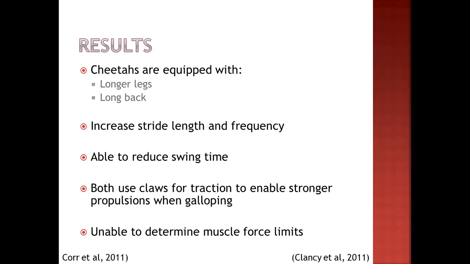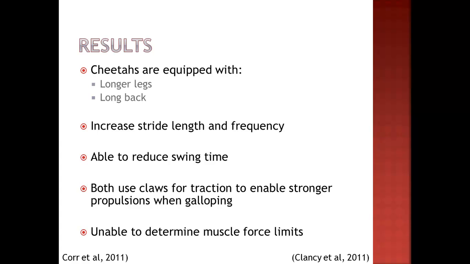Now, these are some of the results from the study, and they noted that firstly, cheetahs have longer limbs and backs than greyhounds do, which allows for a longer stride at any given time or speed, provided swing time is not increased. And as we already noted, cheetahs can reduce their swing time, so they do get that benefit of increased speed from having a longer stride.